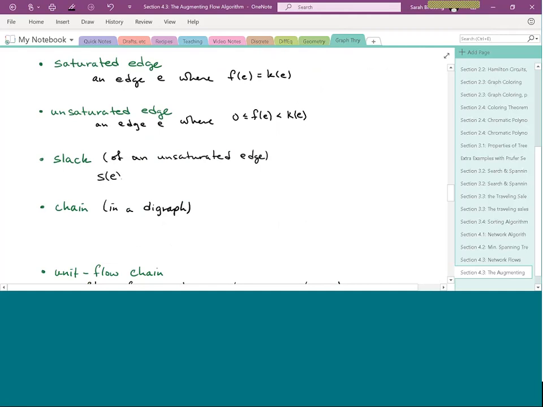And the slack of some edge E is the total capacity of the edge minus the flow. If the slack is 0, it means you have a saturated edge.